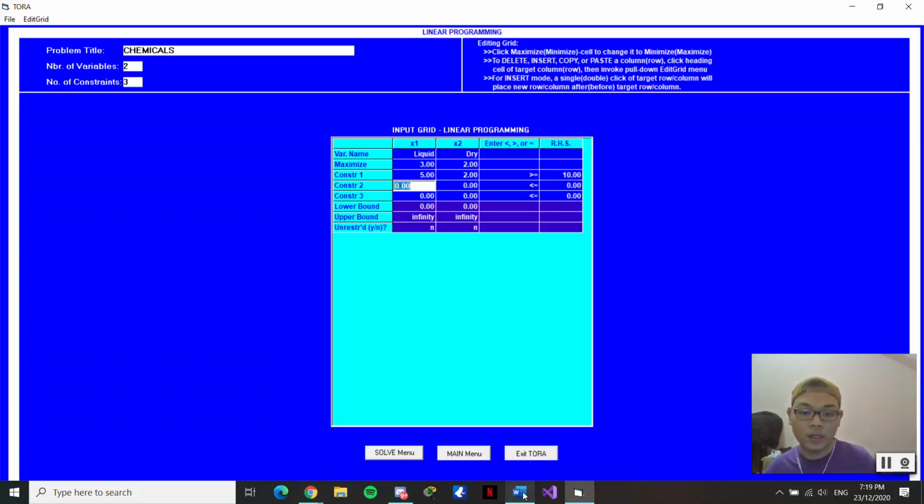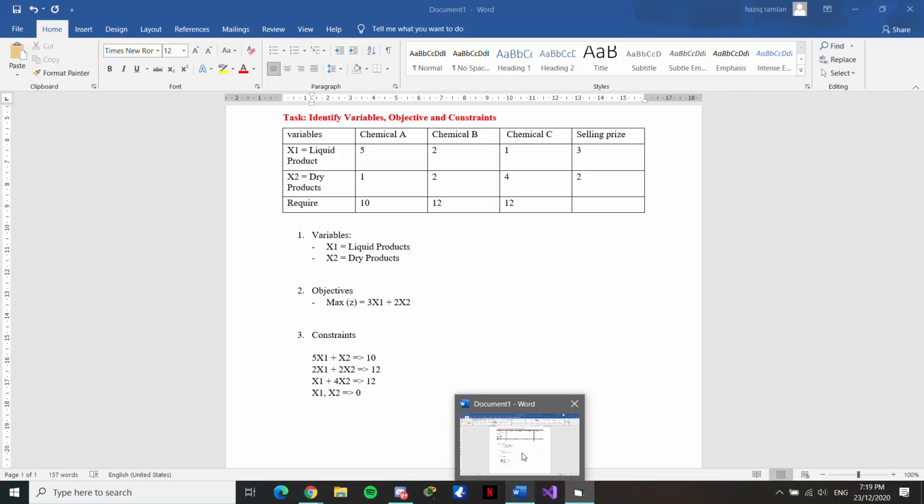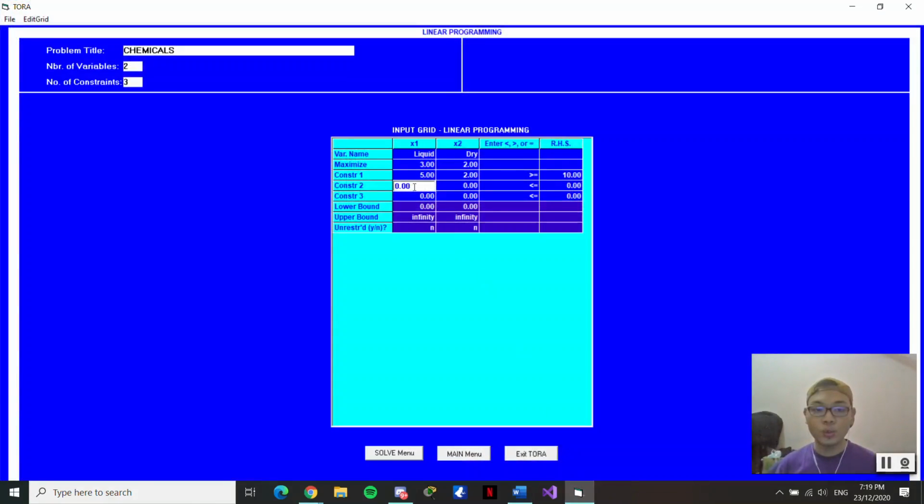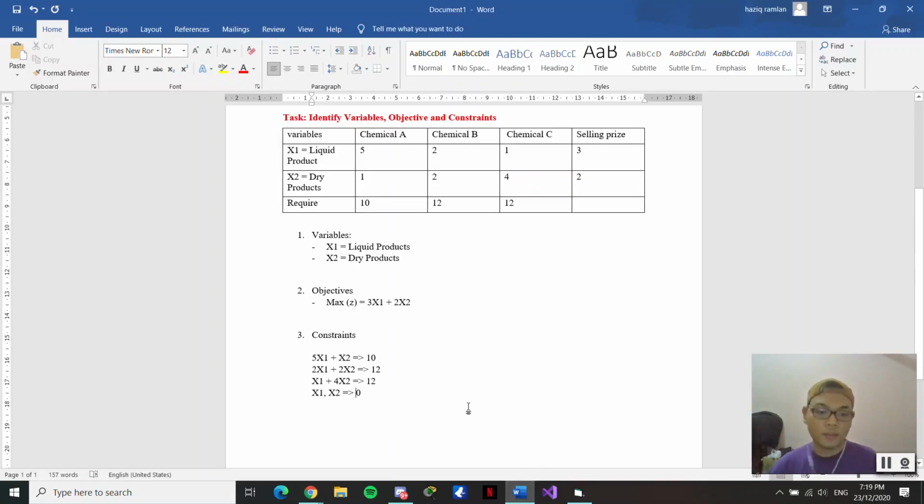So for constraint number 2, we have 2x1 and 2x2. So 2, 2, and then 12. Sorry, 2, 2, 12.